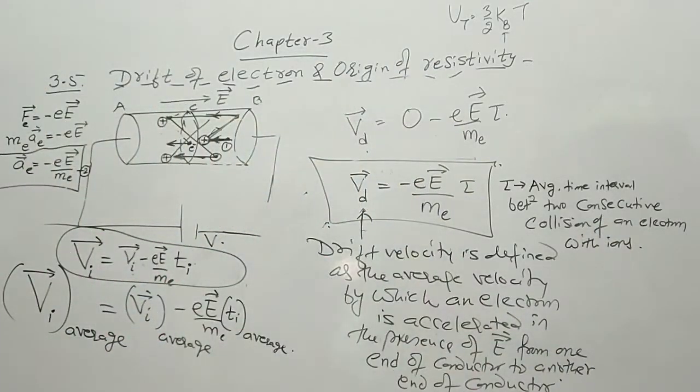So it is an average time interval. Relaxation time is nothing but the average interval between two consecutive collisions of an electron with an ion.